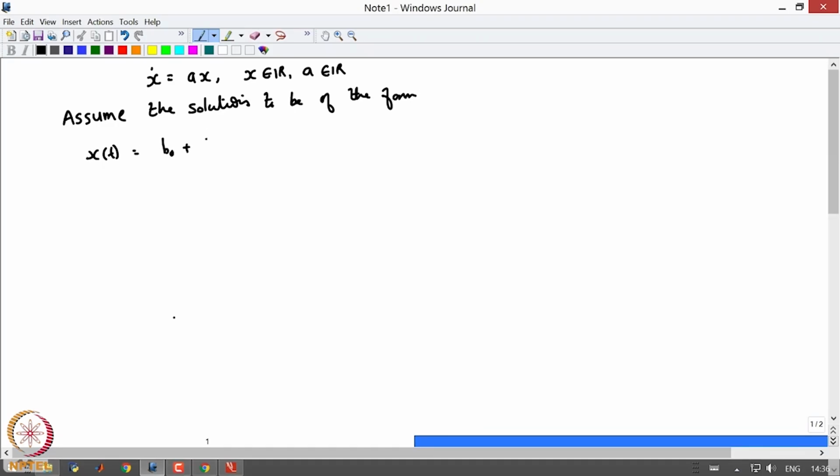So, this has b0 plus b1 t plus b2 t square and so on, like a power series in time.